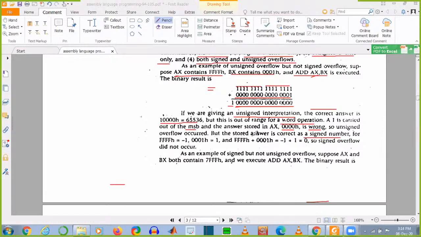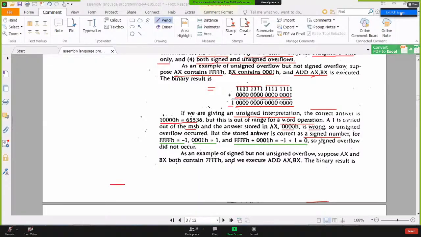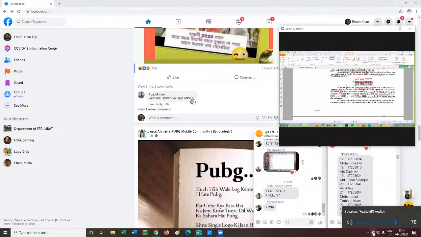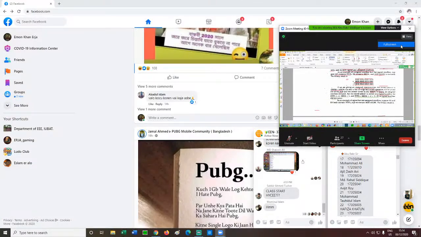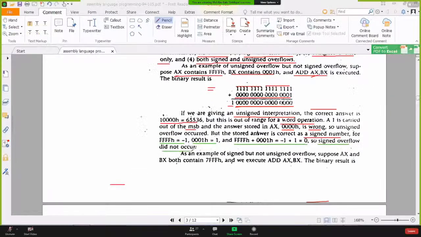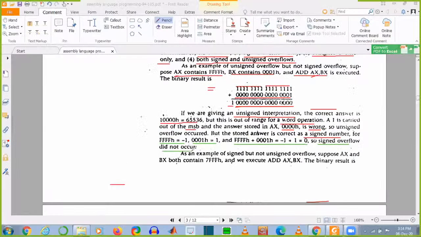The stored number and answer is correct for a signed number, because you know that FFFF equals -1 and 0001 hex equals 1, and that means FFFFH plus 0001 hex equals -1 plus 1 equals 0. So signed overflow did not occur, because the destination is storing 0, and in signed number it is also 0. So you are getting the expected result. That's why there is no signed overflow.